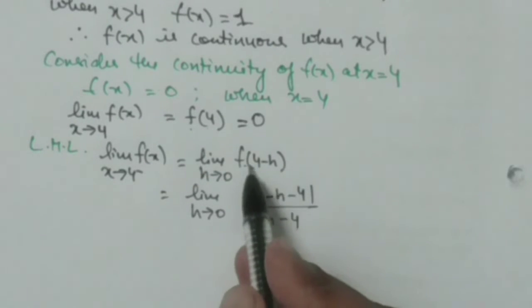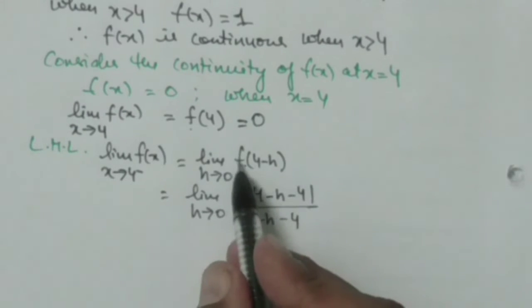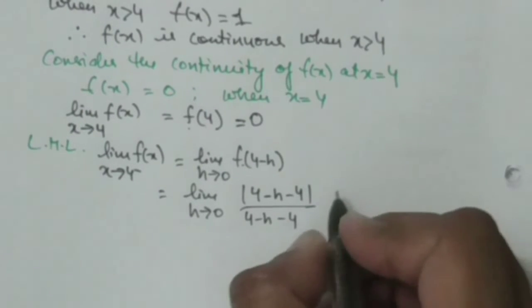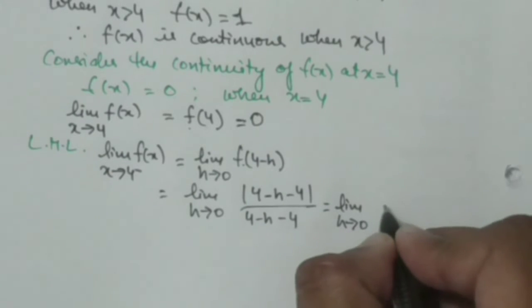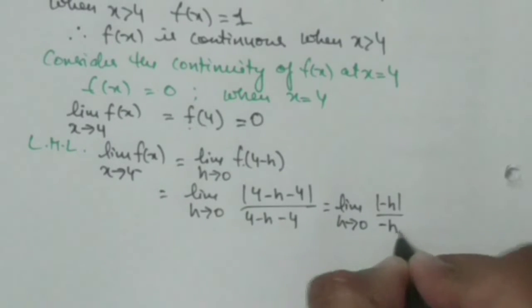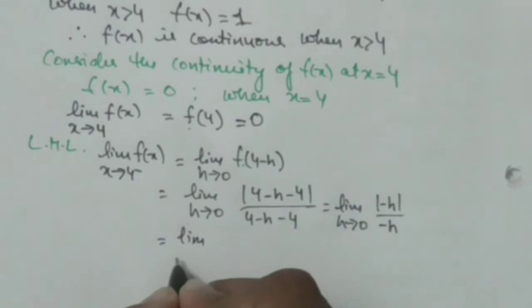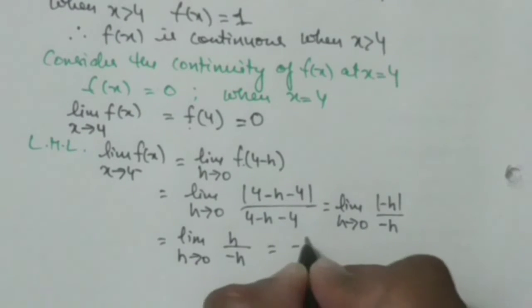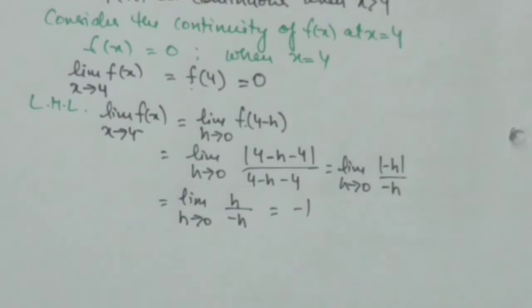Because here what is the x? x is 4 - h. It is not equal to 4. So according to the definition, f(4 - h) is equal to this. Now it is equal to the limit as h tends to 0 of |-h| upon -h, right? And it is equal to the limit as h tends to 0 of h upon -h, and it is equal to -1. This is the left hand limit. Now let us consider the right hand limit.